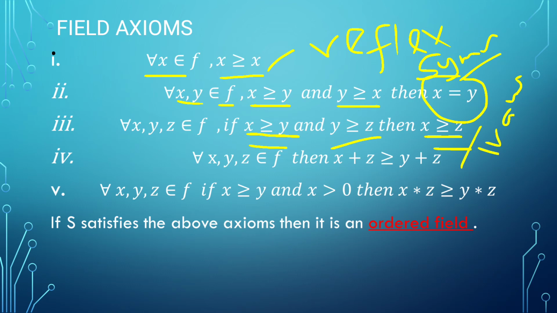Those three are the key basic axioms. The other two are based on the three main field axioms: reflexive, symmetry, and transitive.